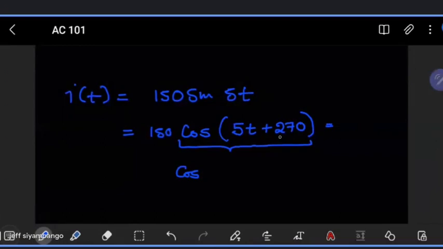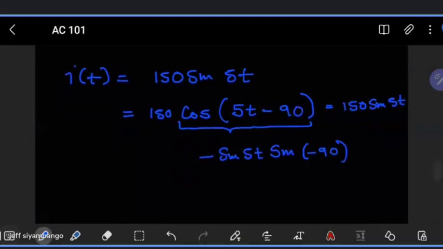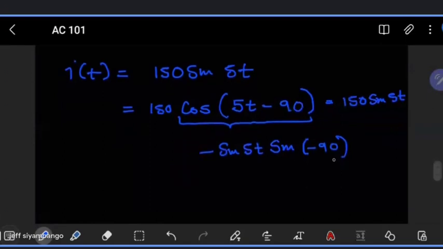Even minus 90 works. If you decide to go with minus 90 here, then sine being an odd function, sine of minus 90 is the same as negative sine 90, meaning the negative will come to make this a positive again.